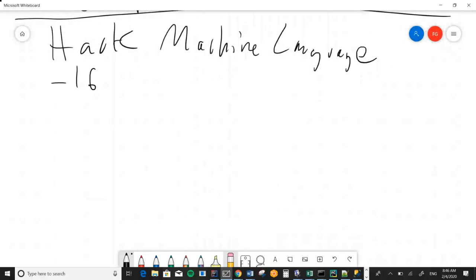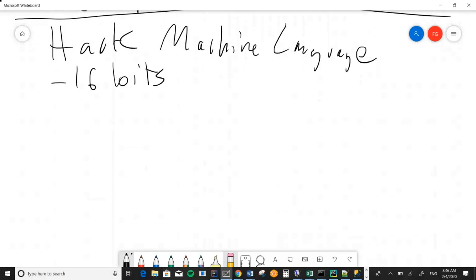Each instruction is 16 bits, 16 binary digits. And there are two fundamental types of instruction on the CPU. Why are there two fundamental types? They relate directly to the two primary registers in the Hack architecture.